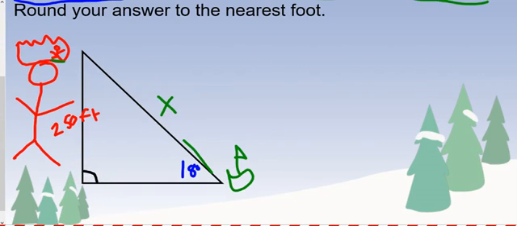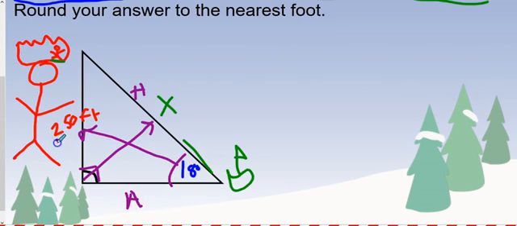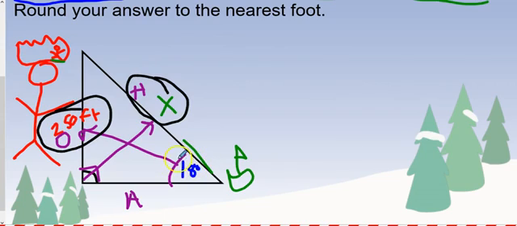So now we're going to label across from the right angle, we've got H. Between the right angle and our given angle is A. And across from our given angle is O. And then I'm going to circle the information that I have, which is H and O. And then our angle is here at the bottom. I'm going to write SOHCAHTOA on the top of my paper so I can decide which function I'm using.